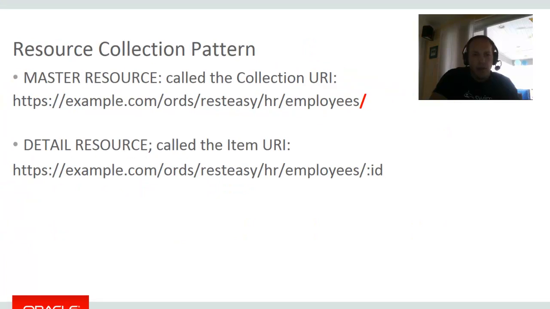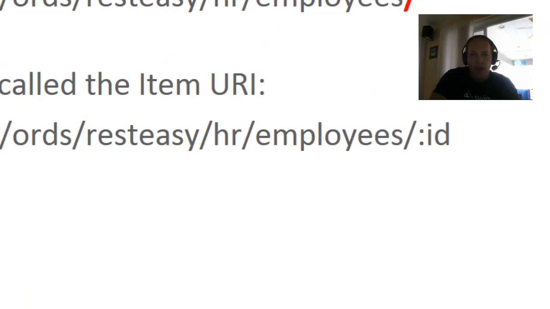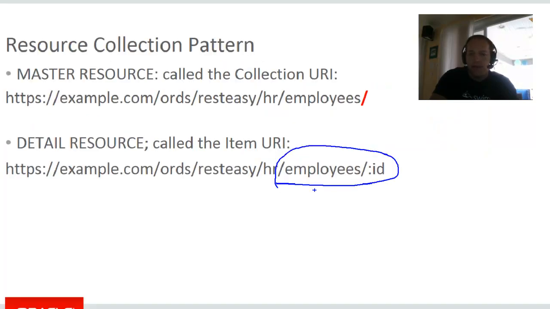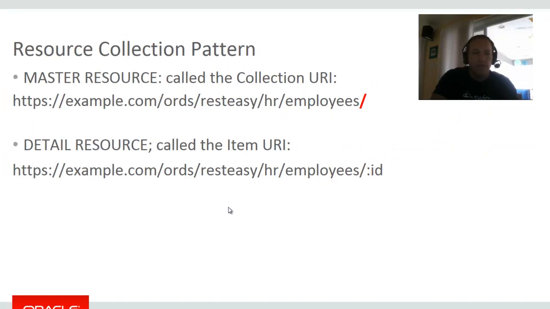And then you have a detail resource, or just a single item. One way to represent that is you've got the resource slash, and then some sort of ID that tells you exactly which item in this resource you want. So that's the pattern.